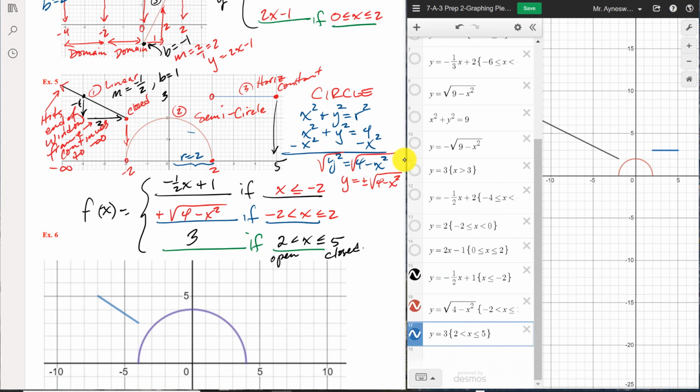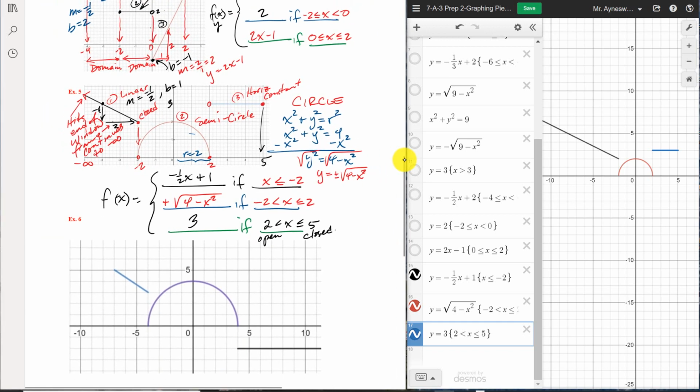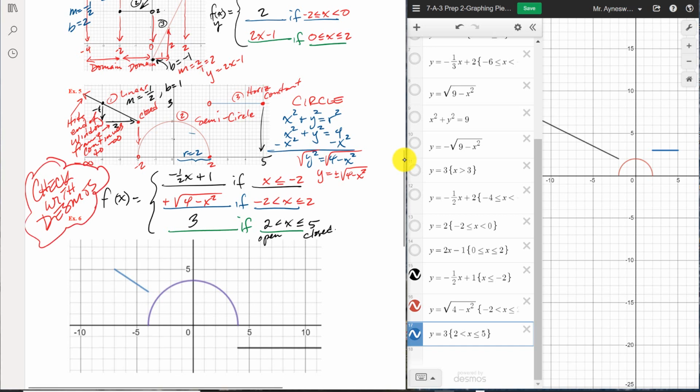Okay? So what's cool about Desmos is that once you write your function, which I did without Desmos in the beginning, you check it with Desmos afterwards. All right? So make a note to yourself here to check with Desmos. Always.